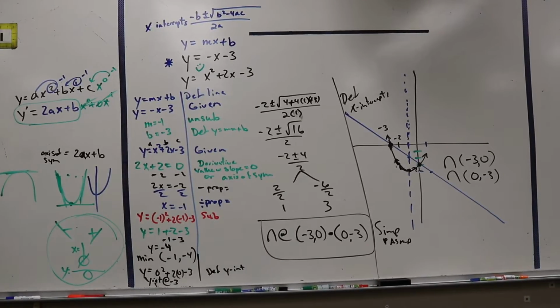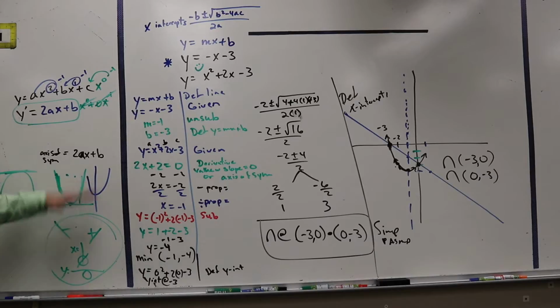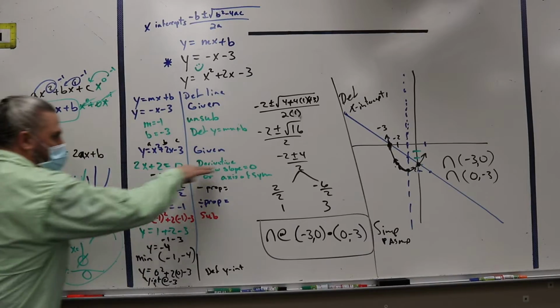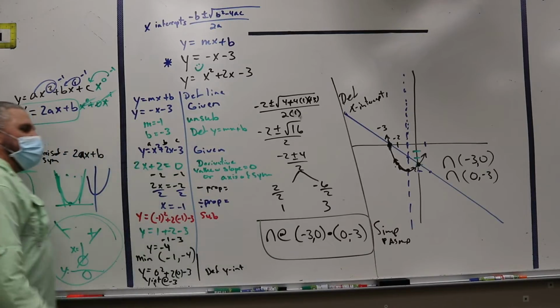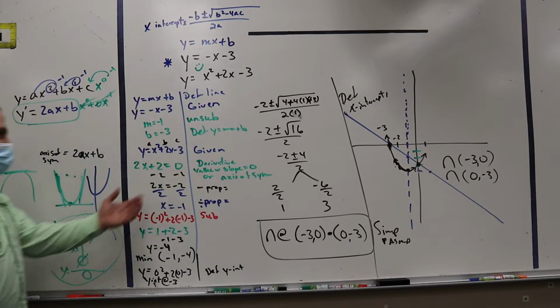So at some point, when we were talking about base and having the 0 be the slope at the bottom, right? At the bottom of this curve, you're looking for when the derivative, the value of the slope, is equal to 0, which is also the axis of symmetry, right?